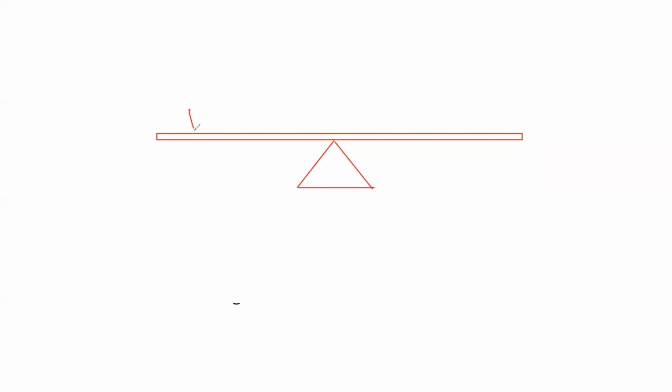Two objects, A and B, are placed at the same distance from the pivot. Like for example, this is placed 2 centimeter, this is also 2 centimeter, and it is balanced.